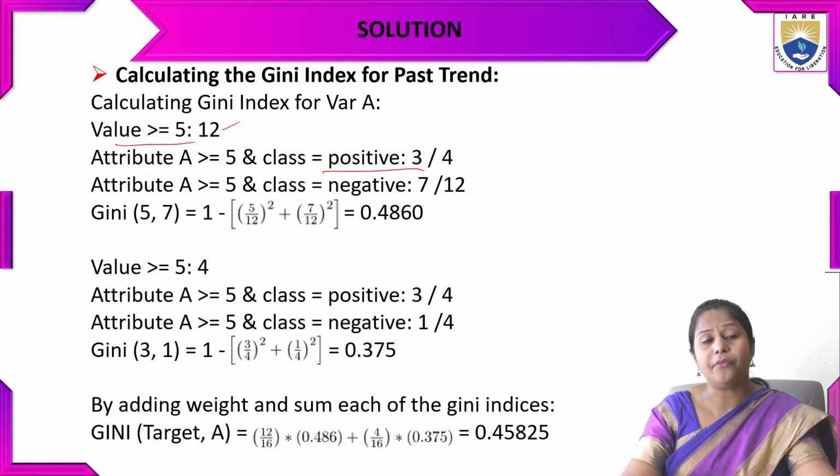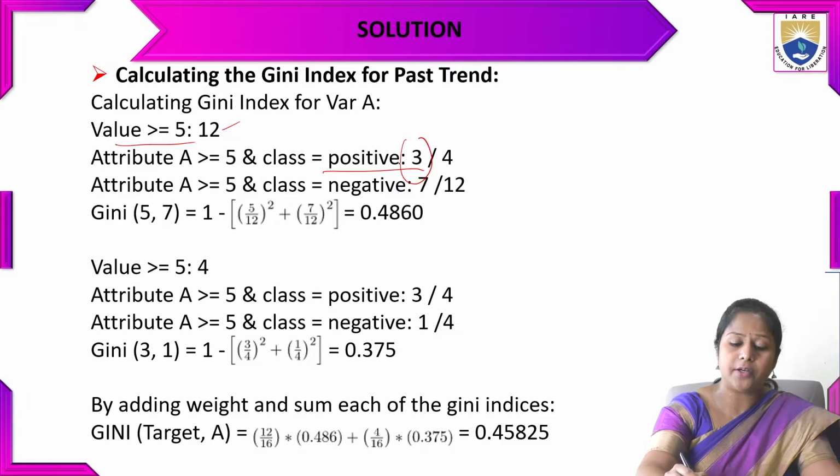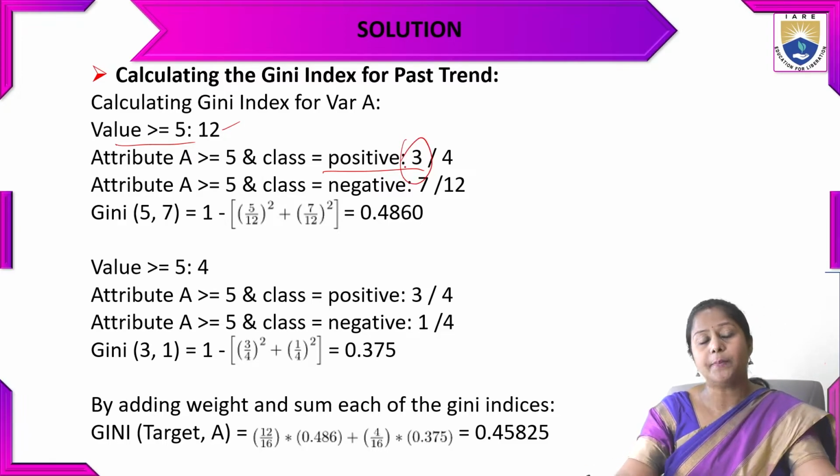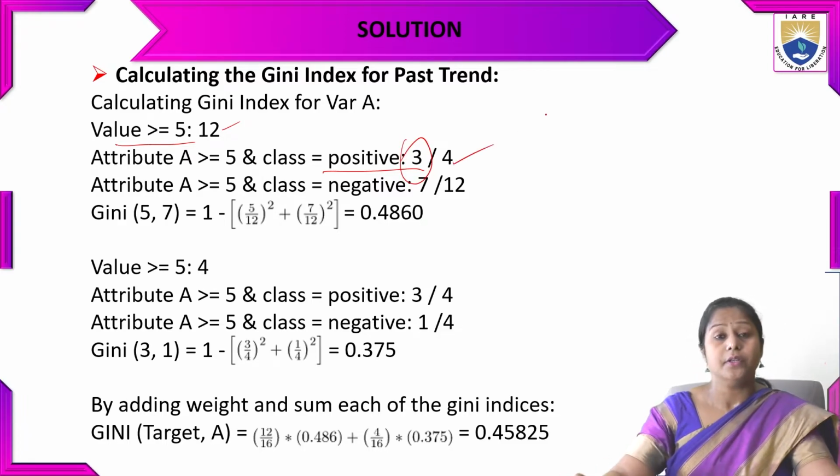That has occurred 3 times, and total positive classes are 4. So that will be 3 by 4, right?